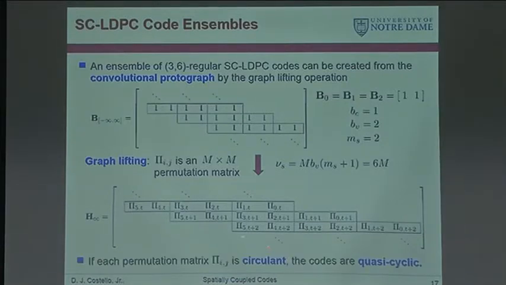If we happen to choose the permutation matrices as circulant matrices, then a circulant would be a shifted identity matrix, still just a single one in each row and each column. Then it would be quasi-cyclic.